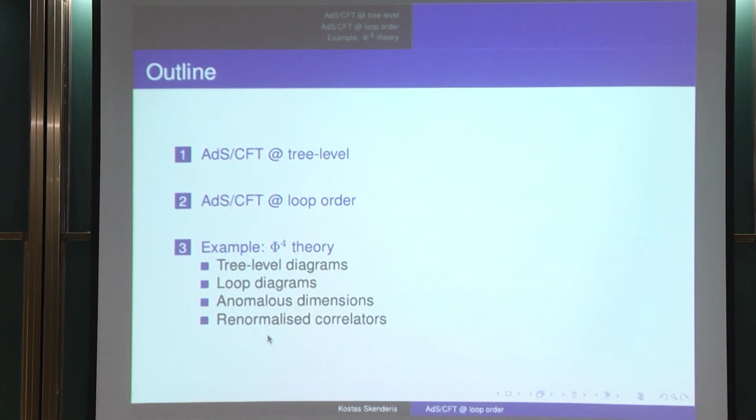But this is a regulator that everyone should have in their pocket. It's the most useful and easy to use regulator, DIMREG. So tomorrow, when we discuss the CFT in momentum space, everything is going to be done using dimensional regularization. It is something one really has to know.